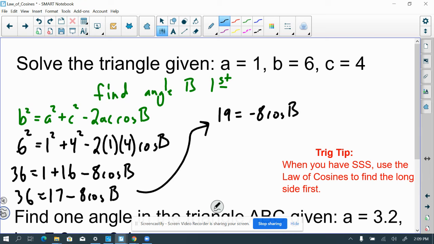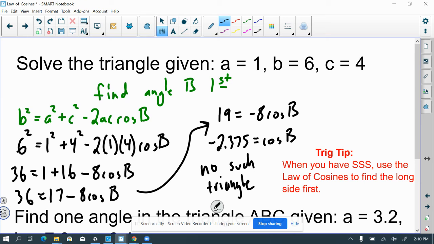And now you would divide both sides by negative 8. And that gives you negative 2.375. And now you need to know that there is no such triangle, because cosine can only produce values between negative 1 and 1, and therefore it'll never be negative 2.